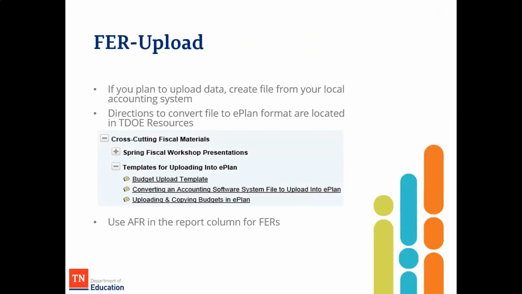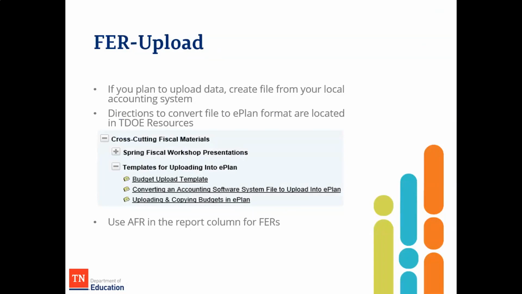Final expenditure report upload. If you plan to upload data into E-Plan, you will create the file from your local accounting system. The directions to convert the file to E-Plan format are located in TDOE resources.